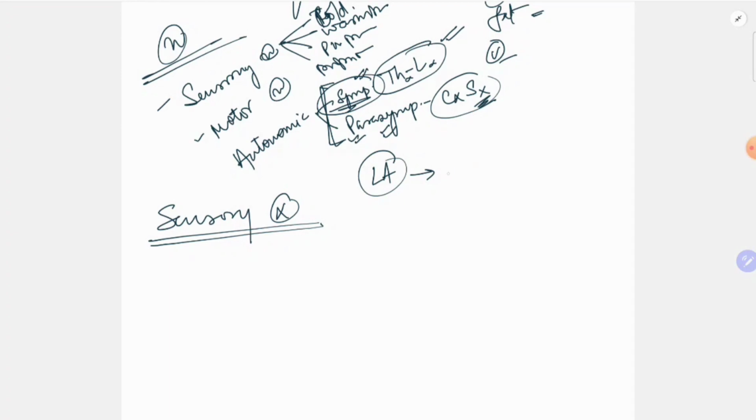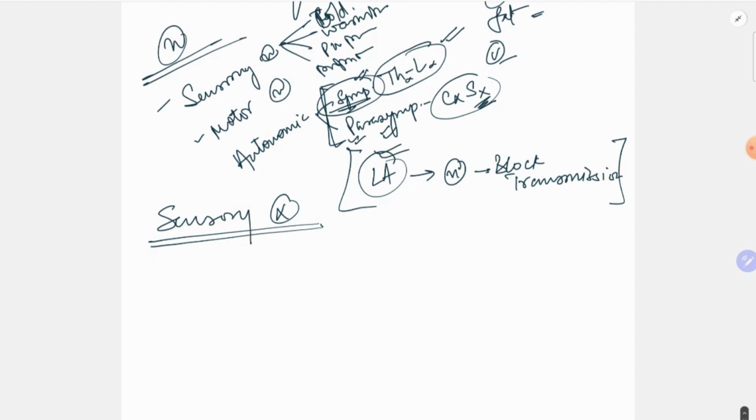This local anesthetic will enter the nerves and it will block the transmission. This is the basic mechanism of action of any local anesthesia, and neuraxial anesthesia is also one form of local or regional anesthesia only. So when we are using a local anesthetic agent, there is block of transmission.